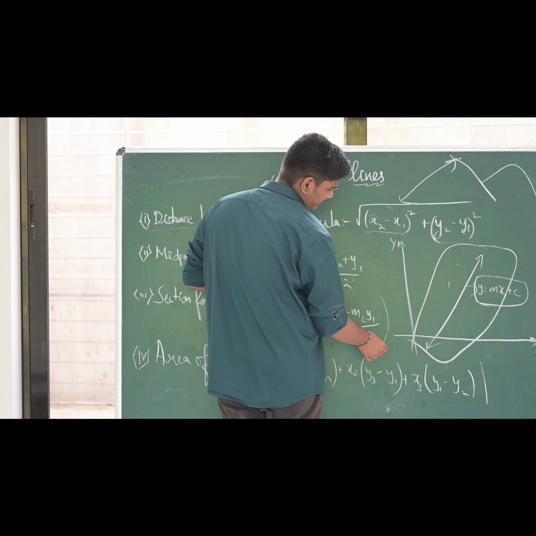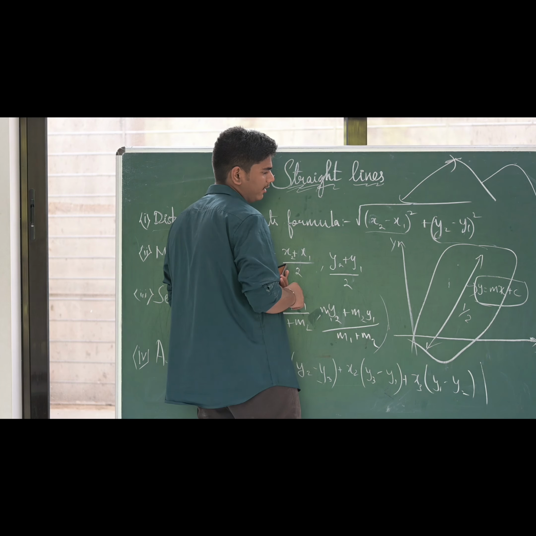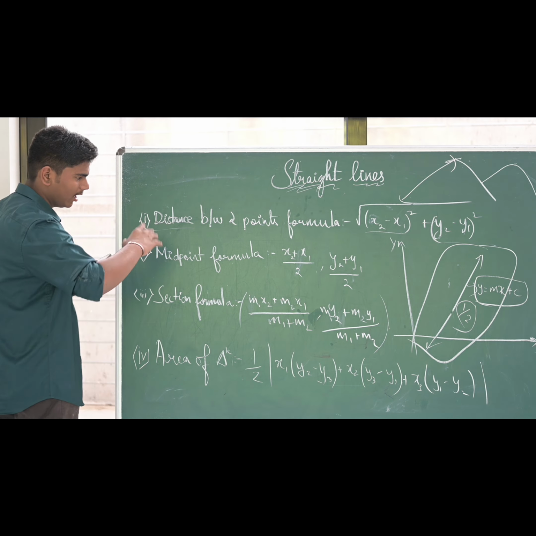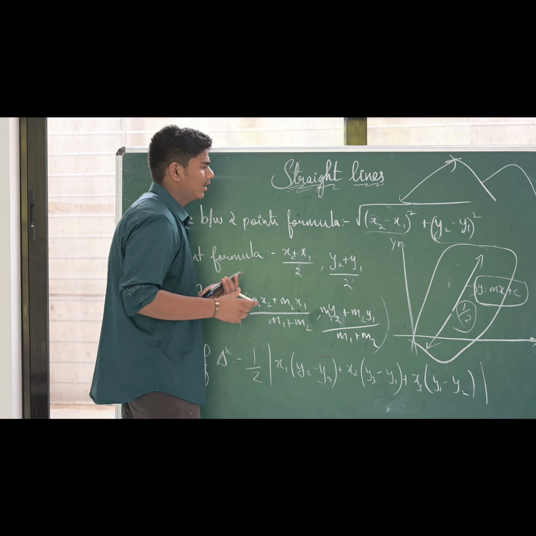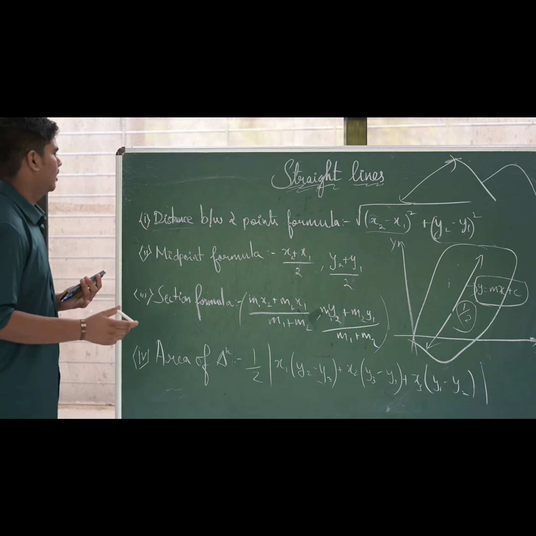Now, if I take this line, it's 1 by 2. If it's 1 by 2, then the line is tilted 1 by 2, half. It's tilted in the half of the direction. Now, moving on, let's see the formula for line.